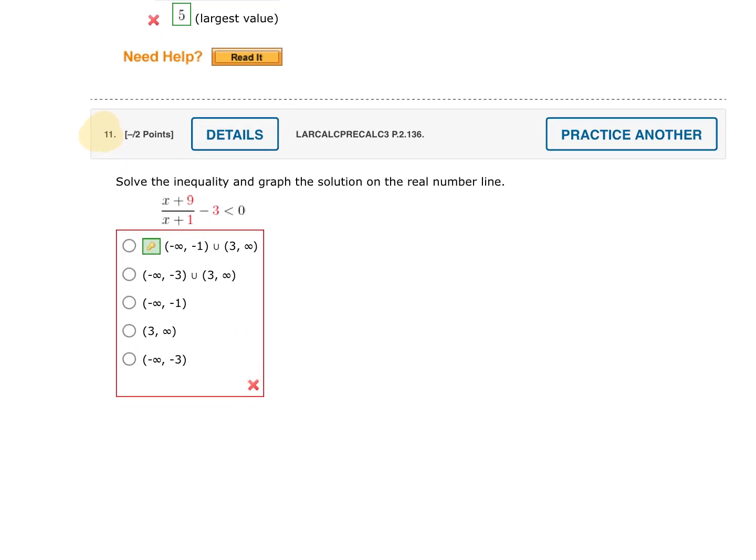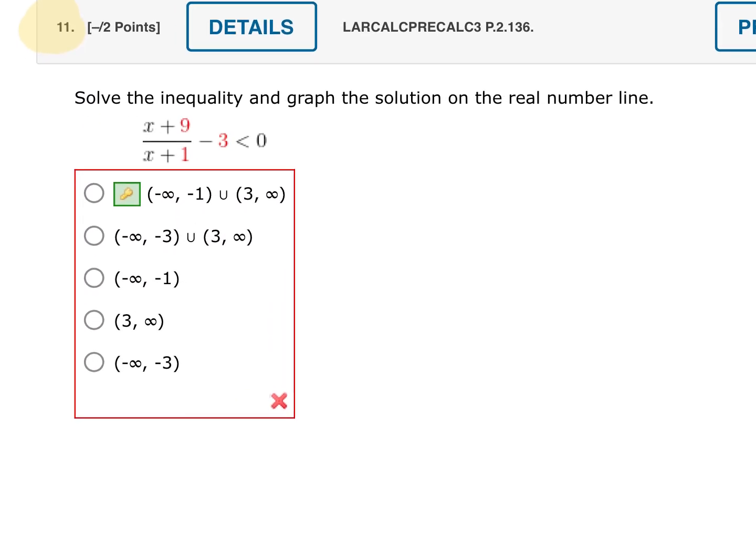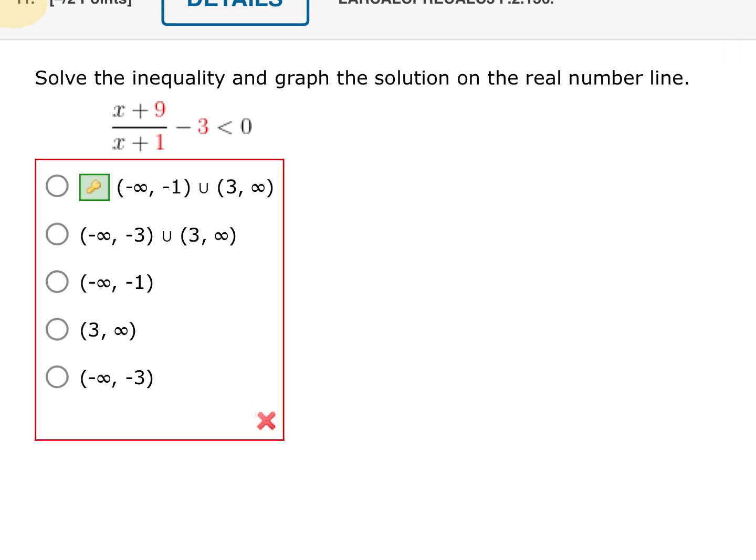Next, let's do 11. We want to solve the inequality and graph. So when we have an inequality, so greater than, less than, we want to get it to just be one fraction on one side, so then we can set the numerator equal to 0, the denominator not equal to 0, and find our key values, and then find the intervals of where it works. So here, I want to combine these together.